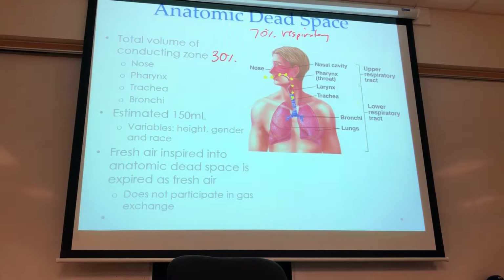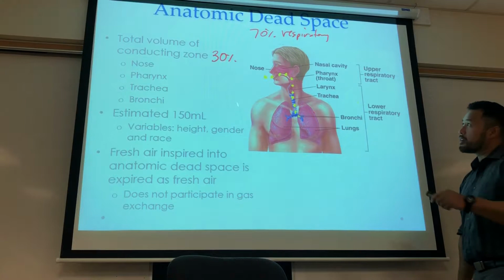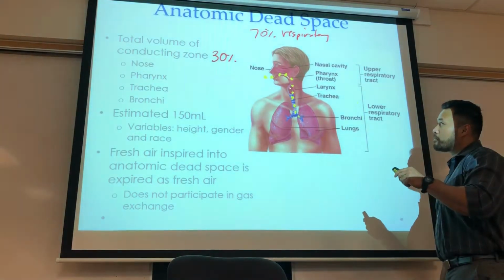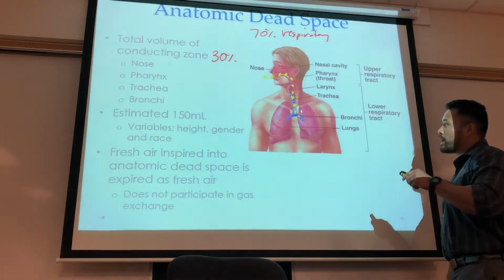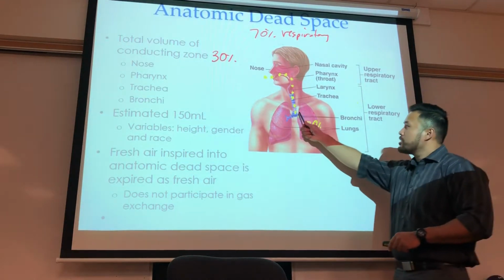Anytime you take a breath of air in, you can see this whole static column of air molecules moving in. And what happens when we take a normal breath in, let's say we take normal fresh air in, air is going to move into the lung. 70% of that is going to make its way into the respiratory zone. The other 30% are going to get stuck in the trachea.